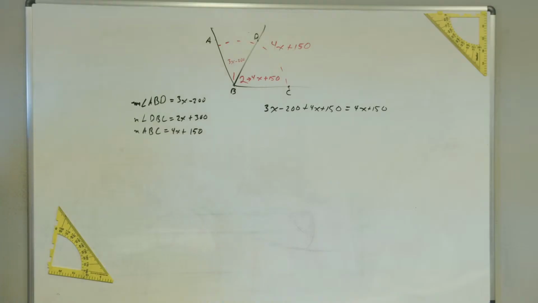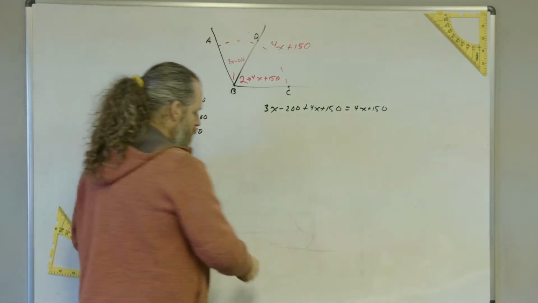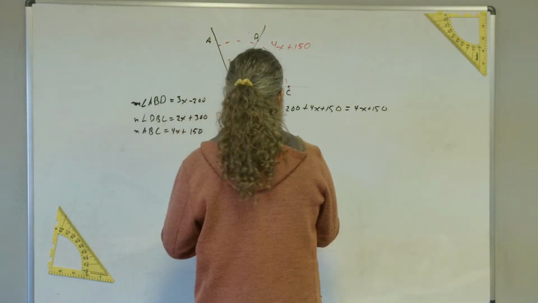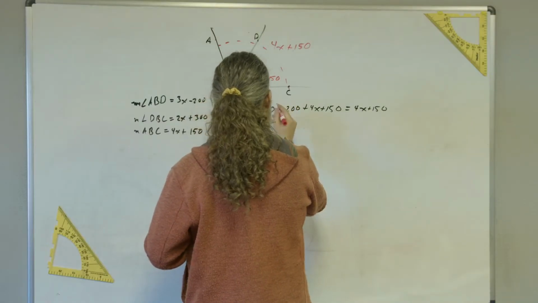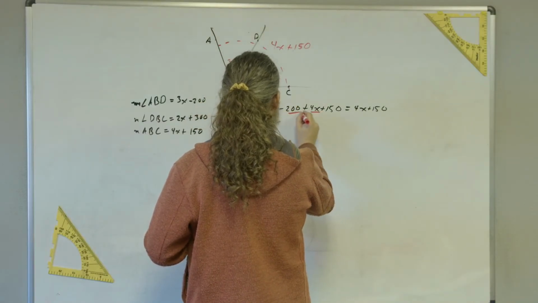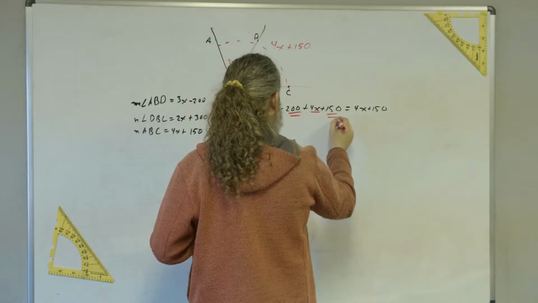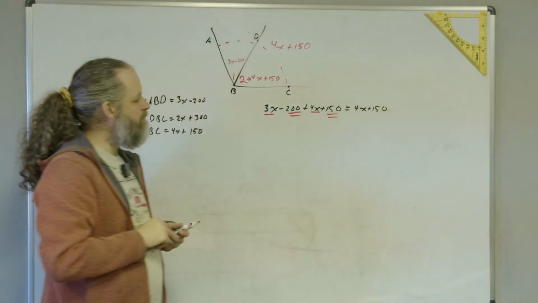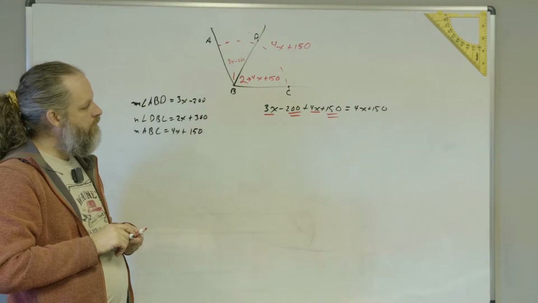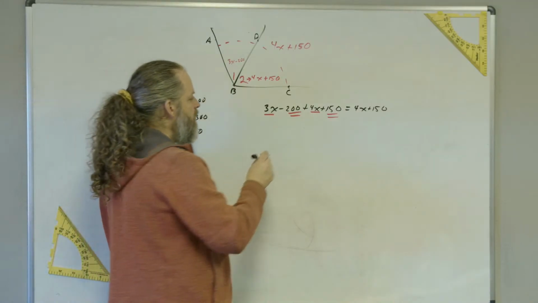So now what do we do to solve that? 3x, 4x, the negative 200, and the 150. What is 3x plus 4x? 7x.